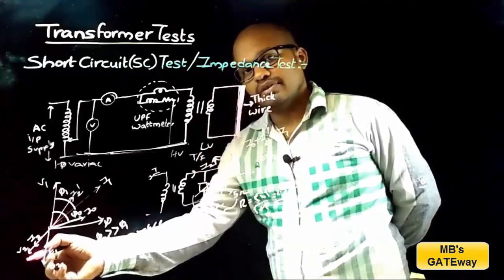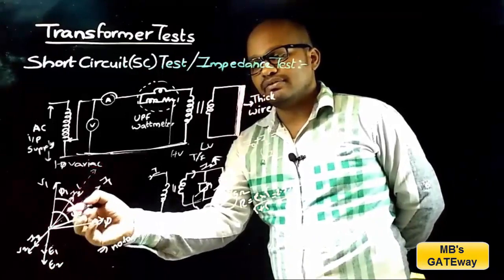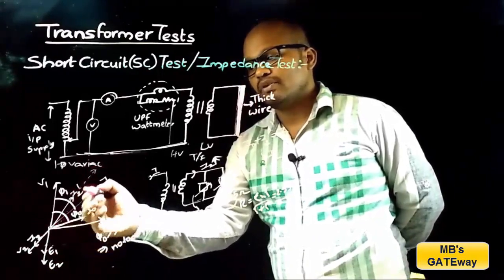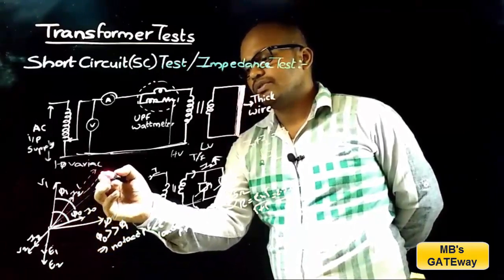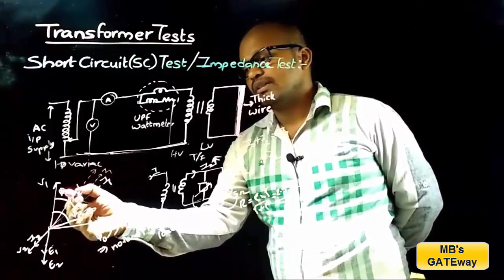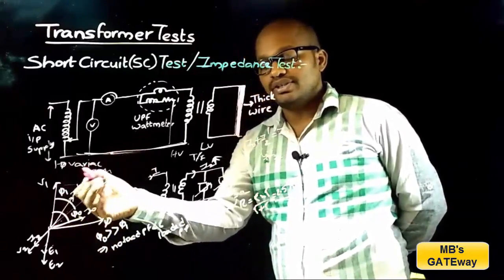That is, I2 will be very high, which implies I2 dash will be very high. If this is high, now the resultant of I2 dash and I0 will be I1, which will move like this, and now the angle between V1 and I1 is further reduced.